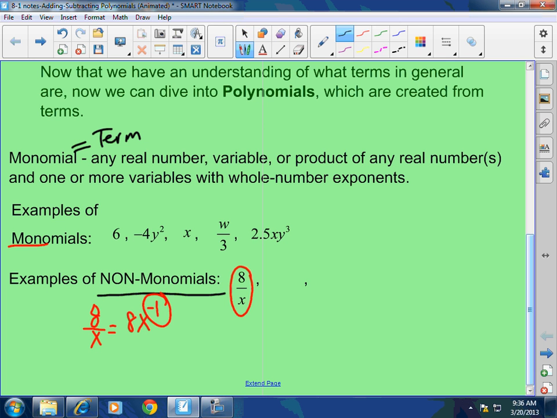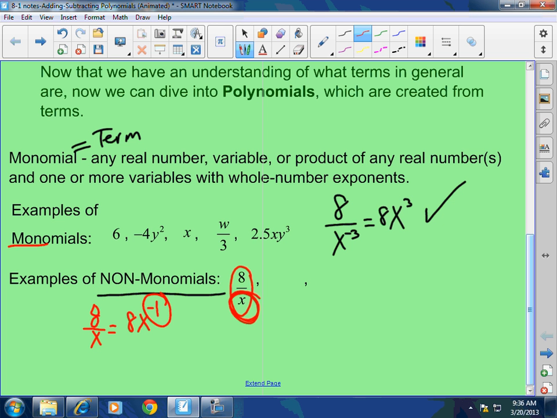And I say with a positive exponent because, look, if I have 8 over x to the negative 3, doesn't that really equal 8x cubed? So that would be a polynomial. So one more time: whenever I have a variable with a positive exponent in the denominator, it is not a polynomial.